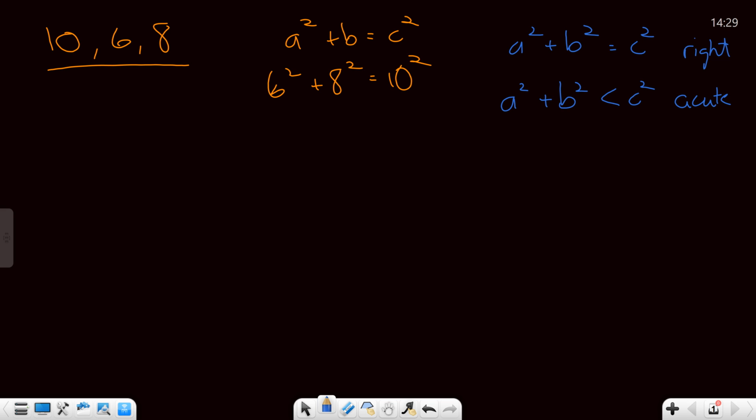By the way, everybody's measurements will be different. We'll talk about that in a little bit. All I need are the three measurements from one person's triangle.